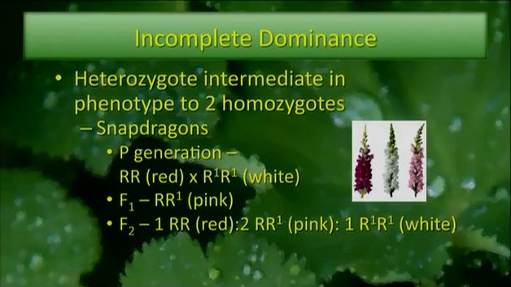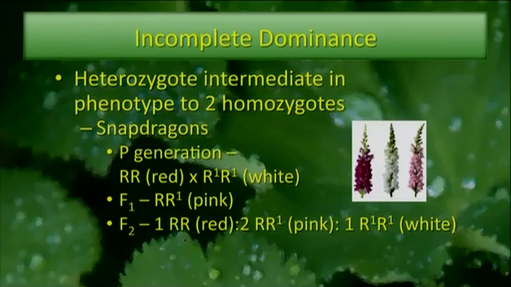That means that your genotypic ratio, 1 RR to 2 RR1 to 1 R1R1, is the same as the phenotypic ratio, 1 red to 2 pink to 1 white, in the F2 generation. The principle of dominance was demonstrated by Mendel's crosses, so this is another case where neither one of the pair of alleles completely dominates the other. So remember that in an incomplete dominance cross, the genotypic ratio and the phenotypic ratio are the same.